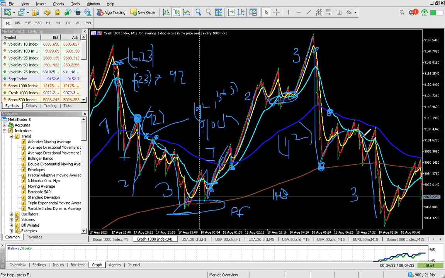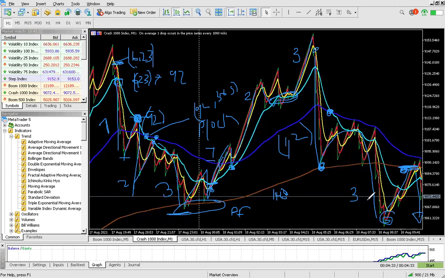And when the market actually goes down like this and goes below this big time EMA, which is the 1460 EMA, we do not expect a reversal. In fact, we actually expect what is known as a peak reset. So the market is going back up and it's going to bounce on this big EMA, which is the 1460, and it's going down. So this is what we're expecting for the crash 1000 index.